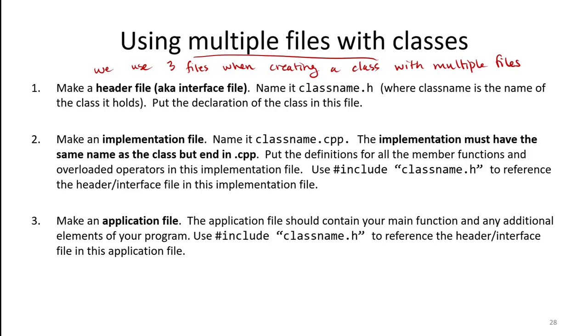Our first file is called the header file, also known as the interface file. Please note that the name of this file will always be the name of your class.h. So for example, for the rectangle class, we always name it rectangle.h.